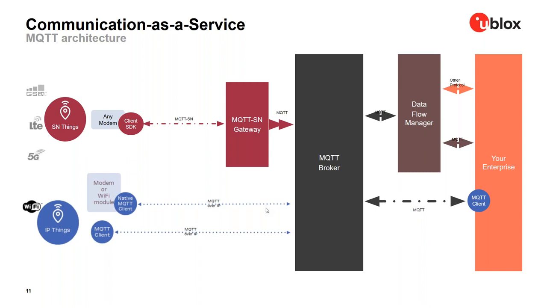But where we most commonly see MQTT Now used is in the enterprise backend, where the enterprise systems have their own MQTT clients, which are able to connect and subscribe to our broker and receive messages that the clients are publishing. For enterprise systems that don't have MQTT clients, we have what we call the data flow manager, which is a visual drag and drop programming interface, which has connectors for a number of different protocols and backend systems to allow you to get data out to the enterprise where MQTT isn't used.